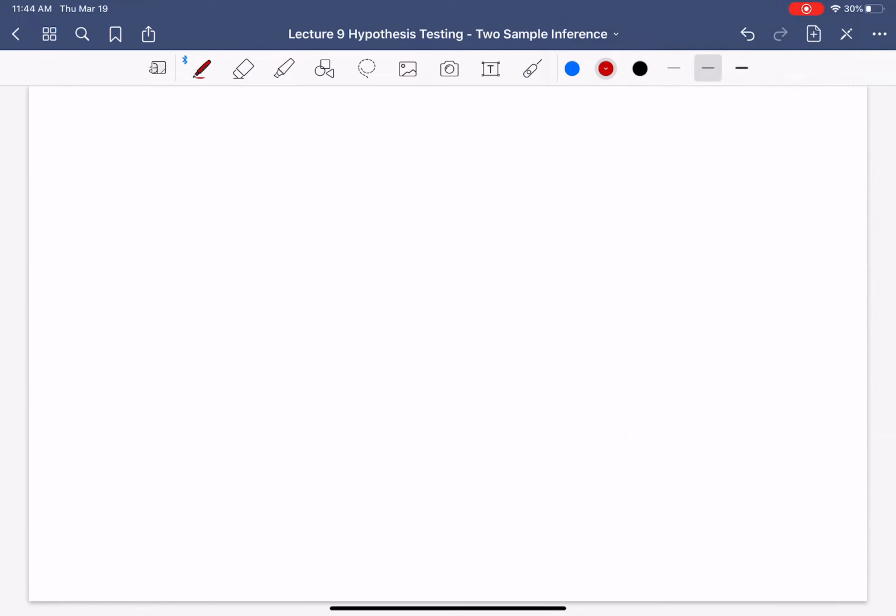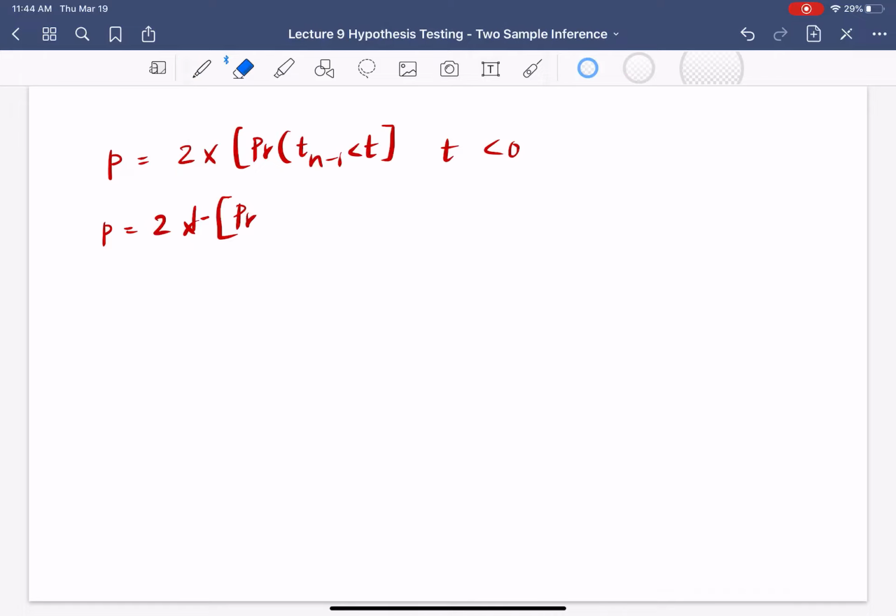In terms of the p-value method, it stays the same. The formula for p becomes 2 times the probability of t(n minus 1) less than t, if t is less than 0, and p becomes 2 times 1 minus the probability of t(n minus 1) greater than t, when t is greater than 0.